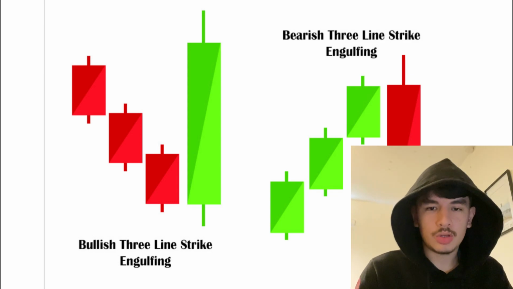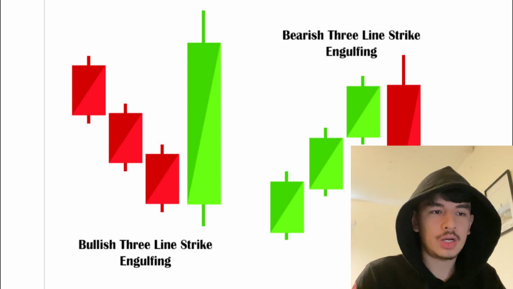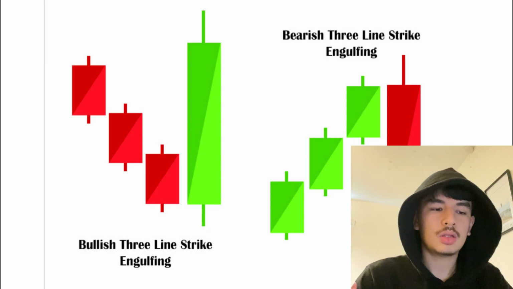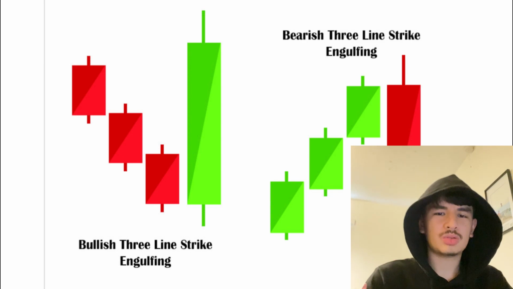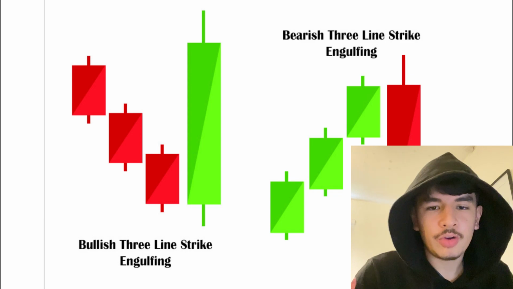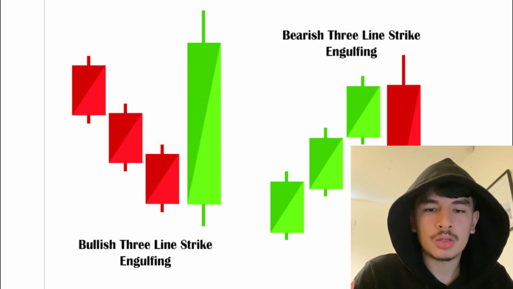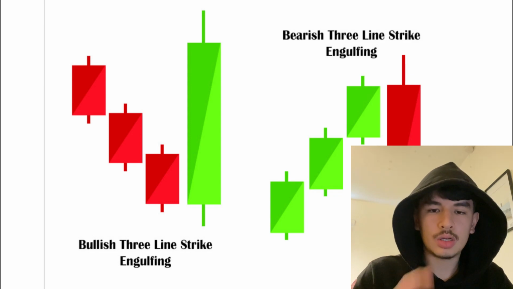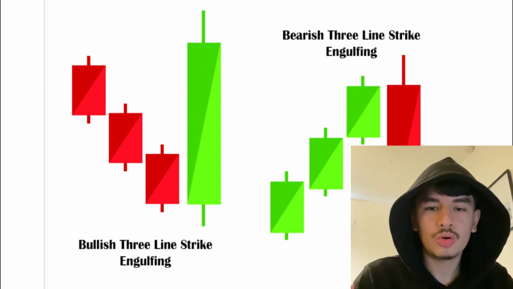So let's say that we're in the market right now and we see price making lower lows, lower highs, lower lows, lower highs. That's good and all, but where do you want to enter? For every downtrend or uptrend, there'll always be an impulse, a correction, and a continuation. We'll always see three line strikes, and the most useful three line strikes are at the end of a correction.